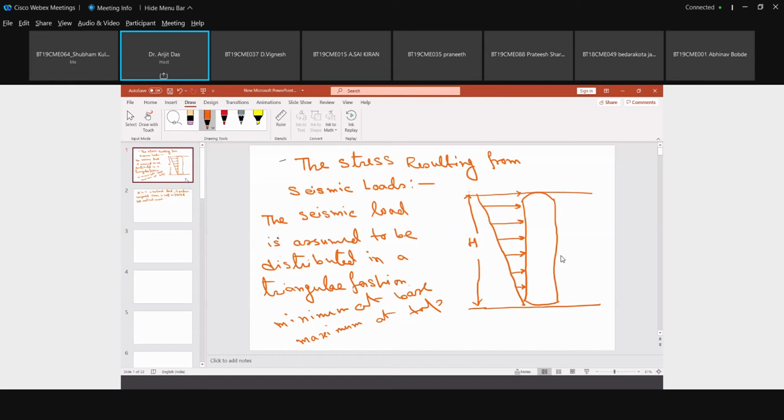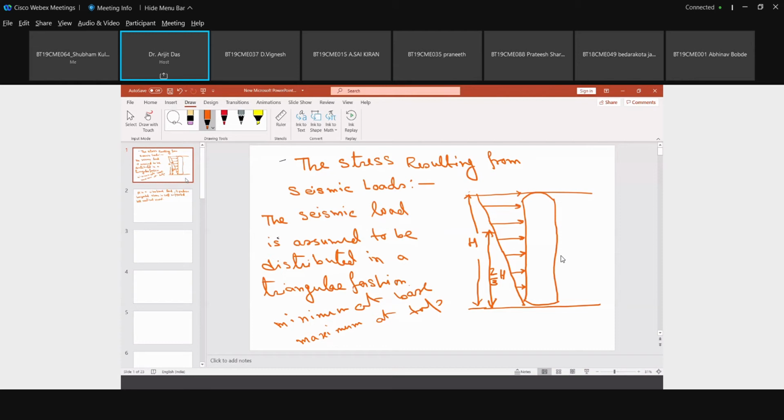So this is two-thirds of H. We can consider it as a concentrated load rather than the distributed load, with the seismic load acting at the height of two-thirds.